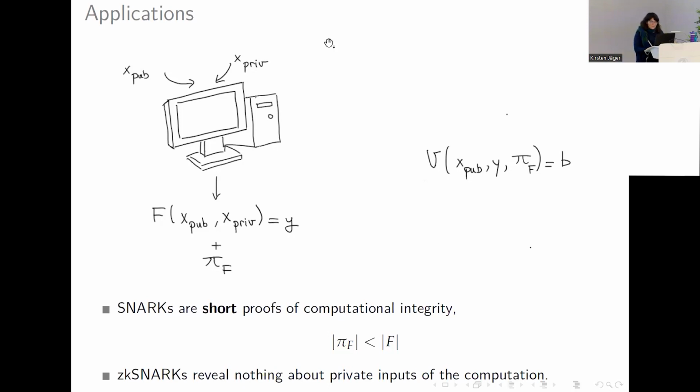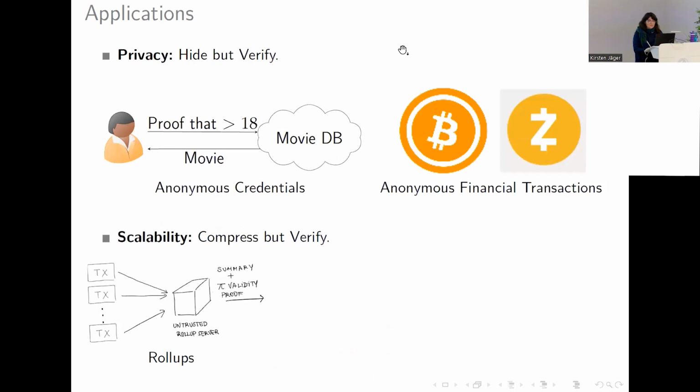So in summary, there are two fundamental settings where SNARKs are useful. A setting that relates to privacy, where we have a computation that takes private inputs. For instance, you want to prove that you have the right to access a movie database. Well, you would need to show your ID to access it, and you don't want to reveal your ID.